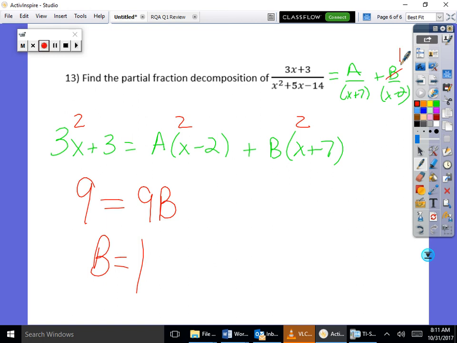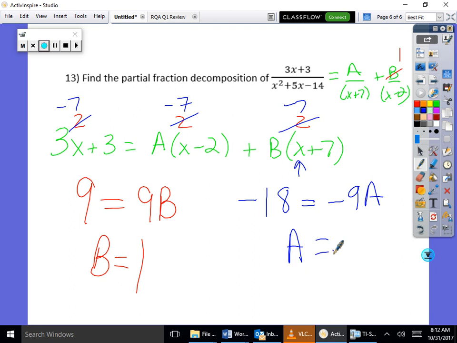Yes, crisscross. Now I'm going to come back, and instead of using 2, I'm going to use what value? Negative 7 for all of the x's. So that gives me negative 21 plus 3, which is negative 18, equals negative 9a, making a worth 2. Problem done.